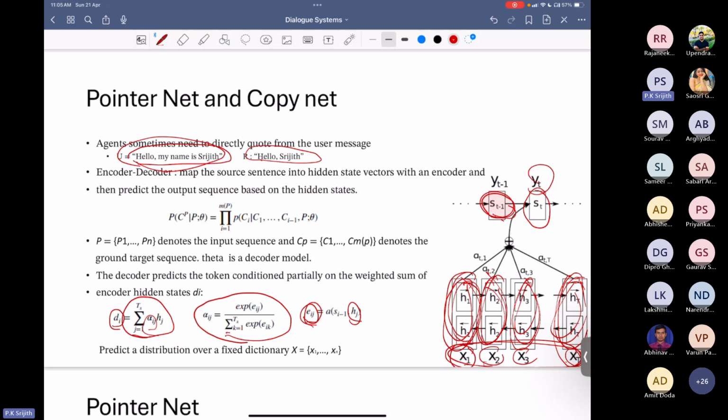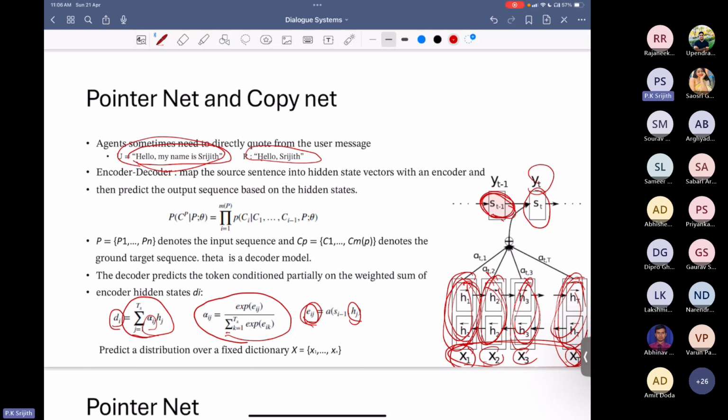So the score is a function of both. It basically sees how similar the hidden representation of the decoder is to each of the hidden representations of the encoder input, and computes these attention weights based upon that.